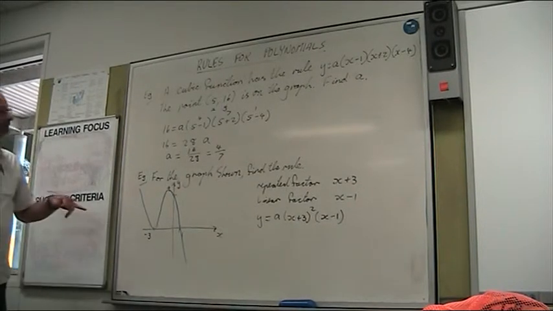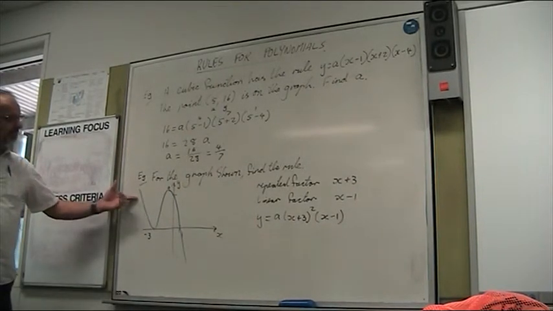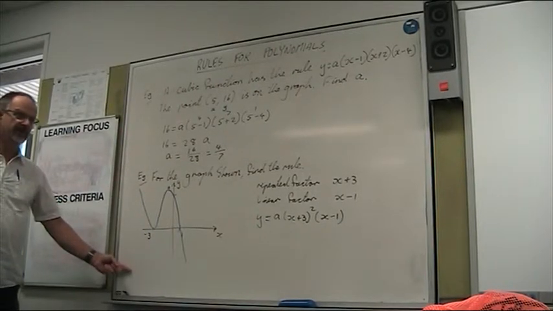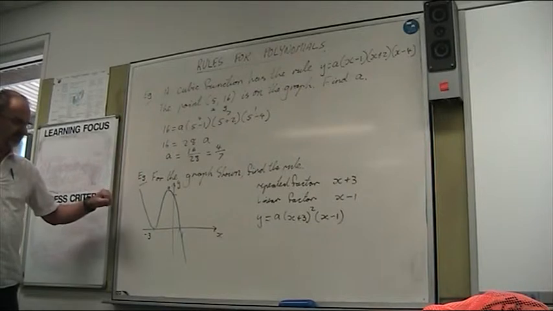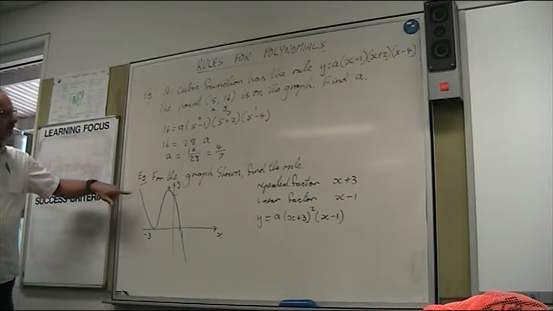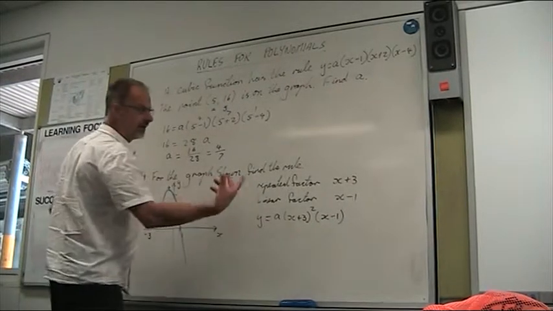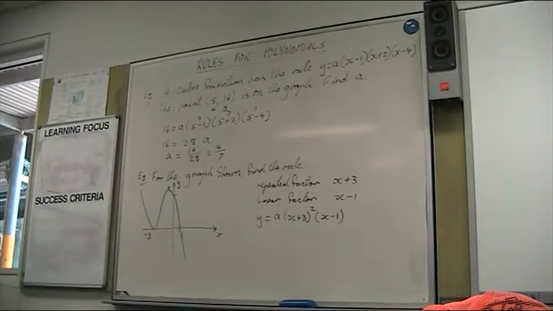And this one starts at the top left instead of the bottom left, so it looks like this has been reflected. Whether you put that in there now or not doesn't make any difference to your final answer. The final answer ends up being the same.